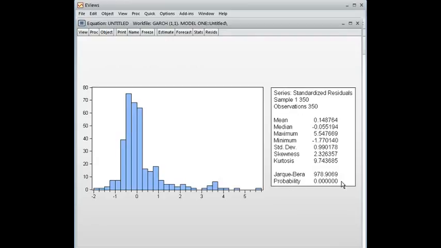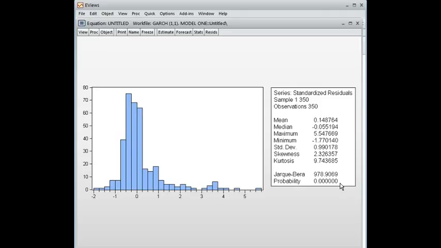Here we can reject the null hypothesis because the p-value is less than 5%, meaning that we accept the alternative hypothesis: residuals are not normal. So from this point of view, this model is not good.